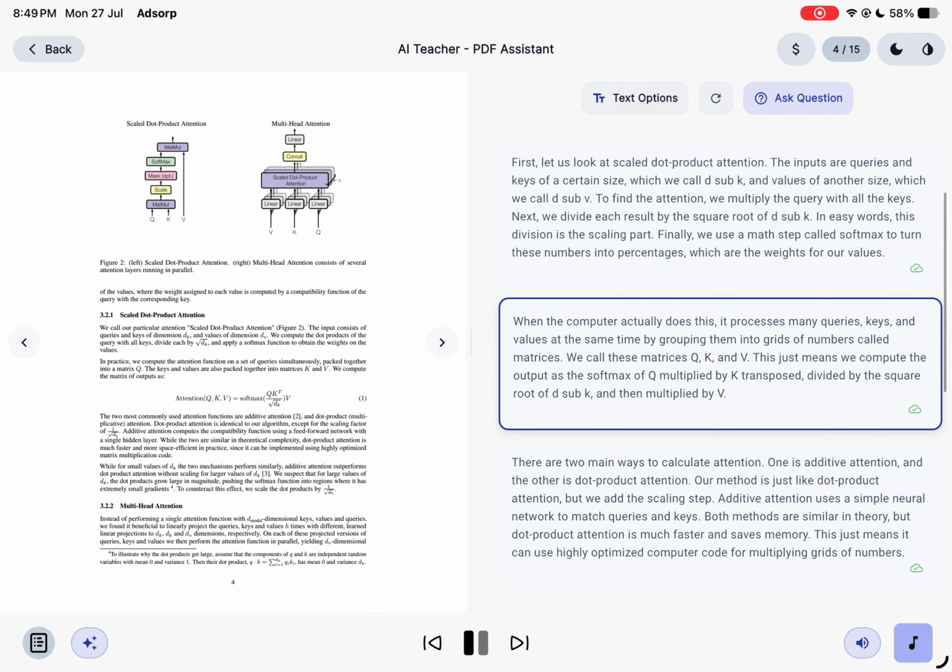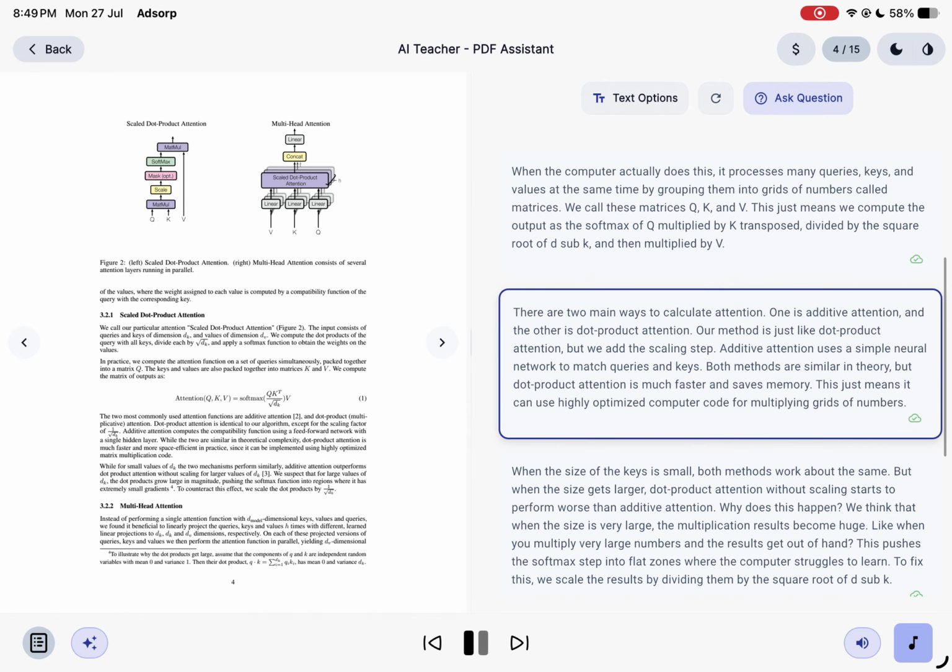When the computer actually does this, it processes many queries, keys, and values at the same time by grouping them into grids of numbers called matrices. We call these matrices Q, K, and V. This just means we compute the output as the softmax of Q multiplied by K transposed, divided by the square root of d sub k, and then multiplied by V.